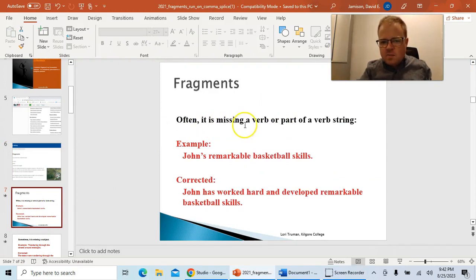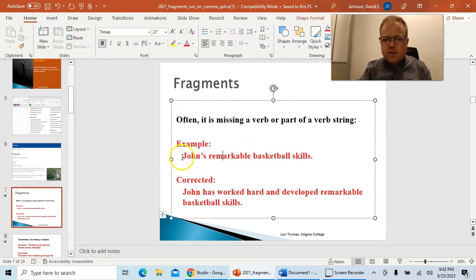Often a sentence fragment is missing a verb or part of a verb string. So here's an example of that. John's remarkable basketball skills. So this has a subject, John, but it doesn't have an actual action. He's not doing anything here. This is a thing, his basketball skills.